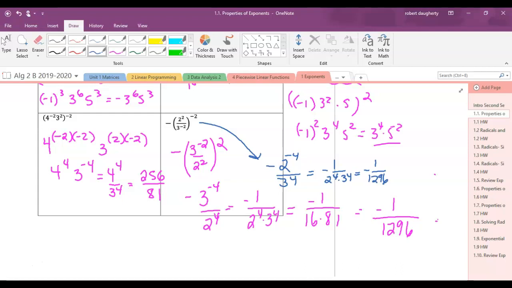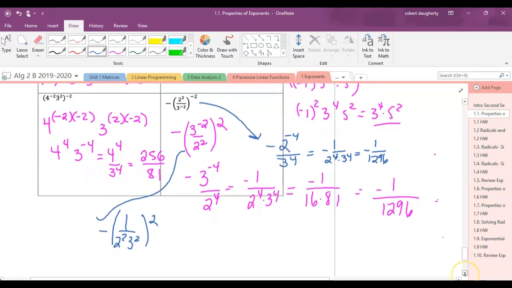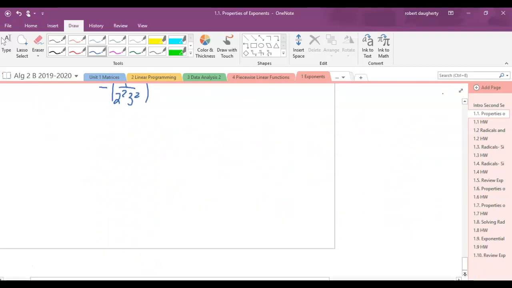So you could have flipped it back. Yeah, so I could have gone from here to there, okay, which gets you to the same answer. So like I said, there are different paths you can take on the journey here. As long as you are not making up your own rules of exponents, you're good, okay? Just use the ones that we have, okay?